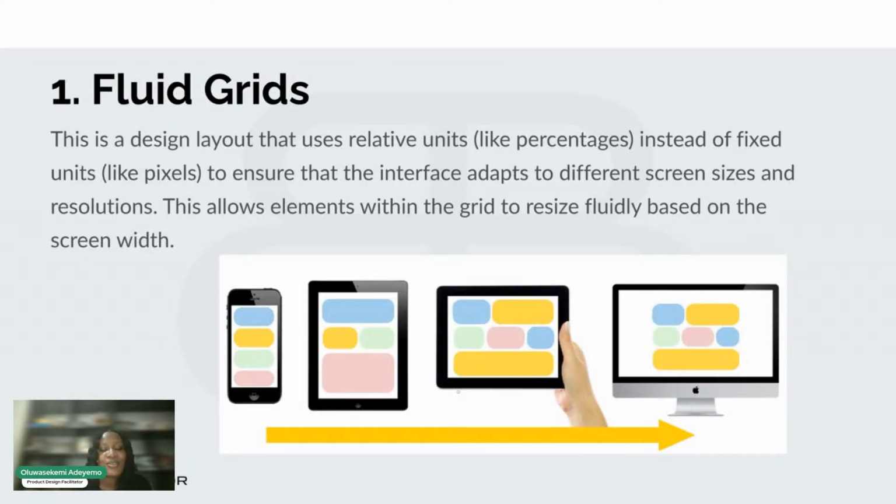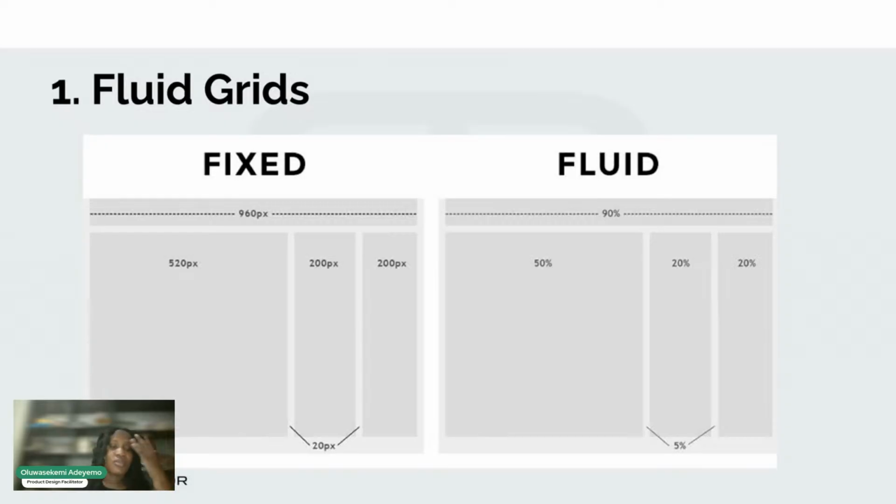All right, so after this, we talk about fluid grids. Next is this. As stated, your containers are percentages instead of fixed values. We've talked about that. So if you want a section of content to take 20% of a page, no matter how large the page is, it will always take 20% of that page.